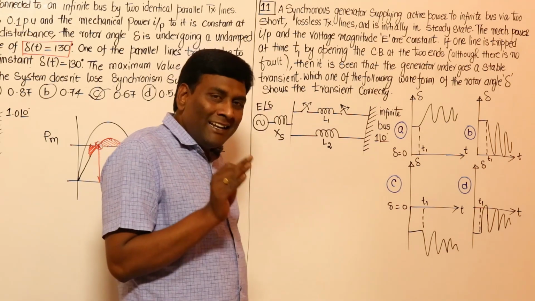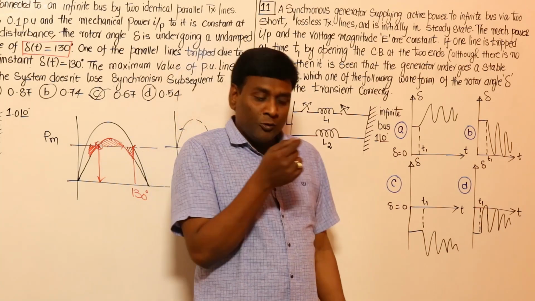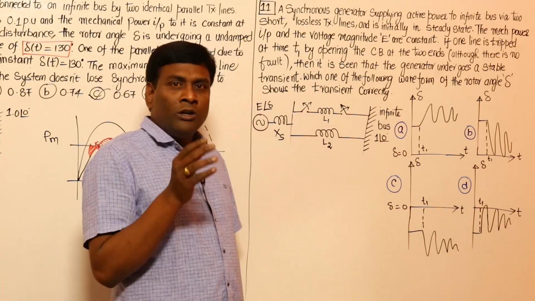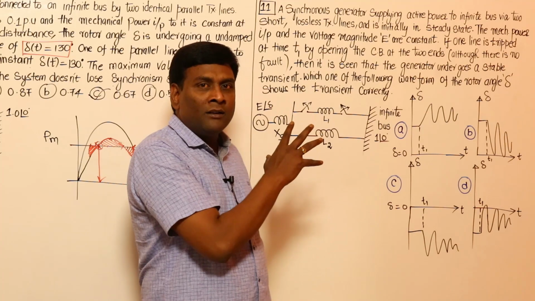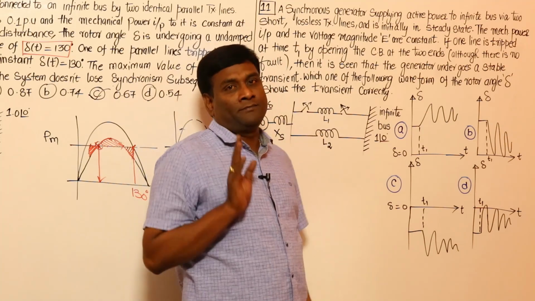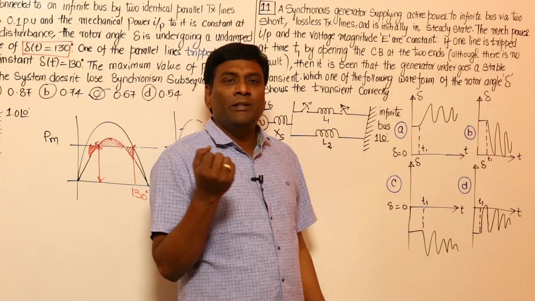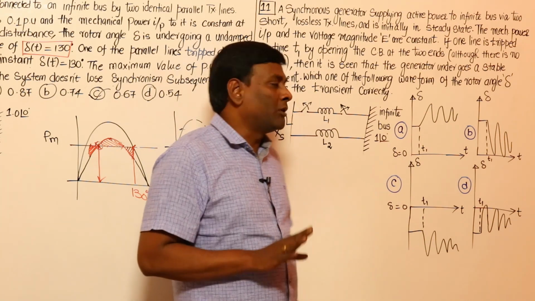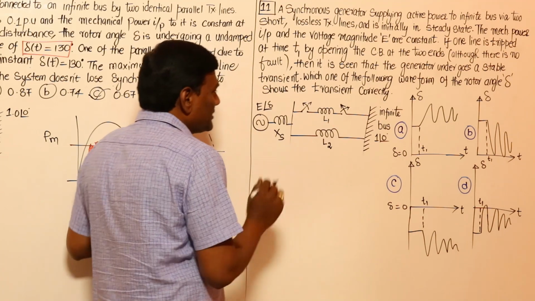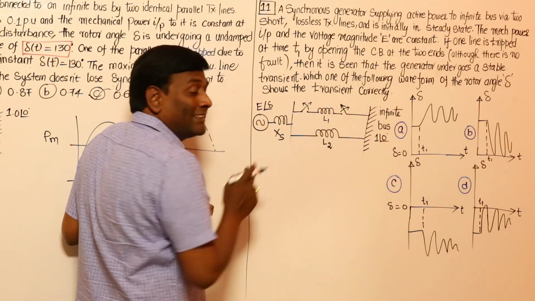First of all, let us think: they said it is stable. So whatever is going to happen, ultimately it will settle stable. During the transient time, swinging will be there. Once transients die out, it will become stable. Now in the first case, this and this were there.